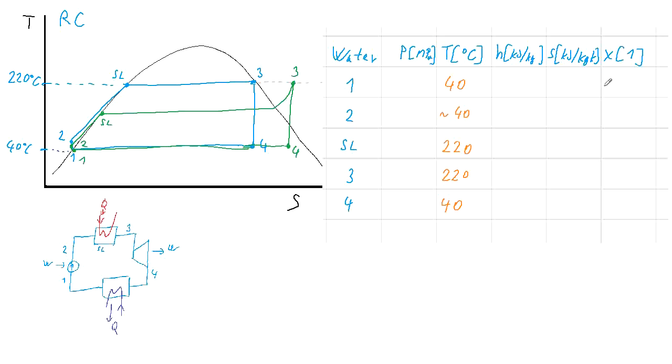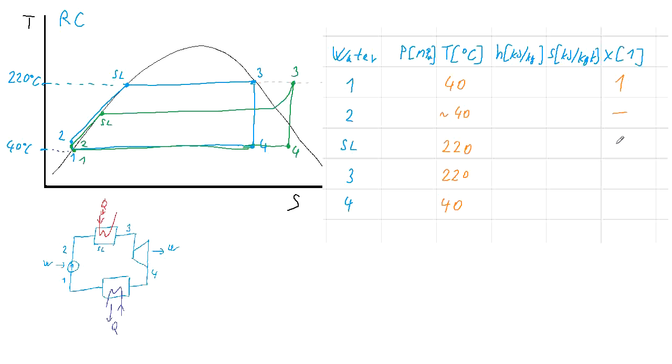Then we know that the steam quality at the point 1, or liquid quality, will be 0, it will be liquid. Then at the point 2 it's subcooled liquid, it doesn't make sense to evaluate quality.